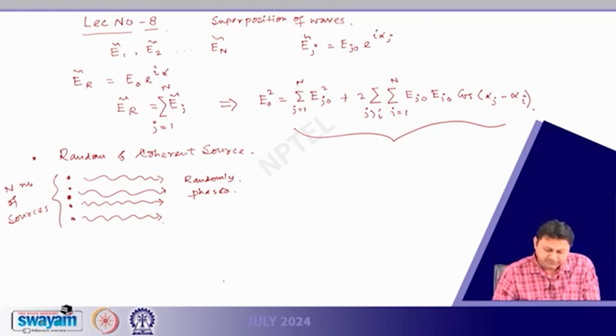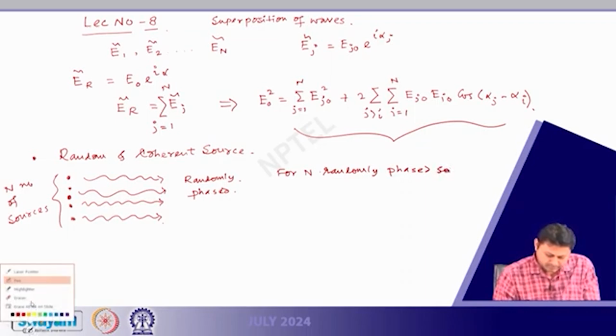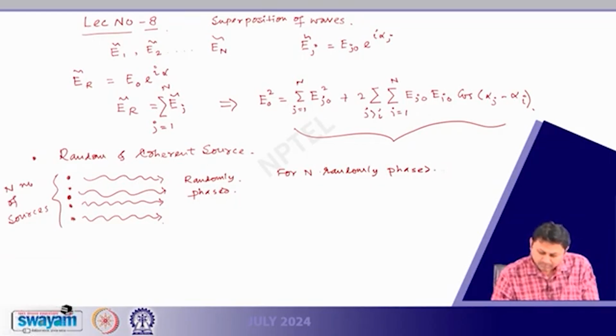We have n randomly phased sources with equal amplitude.